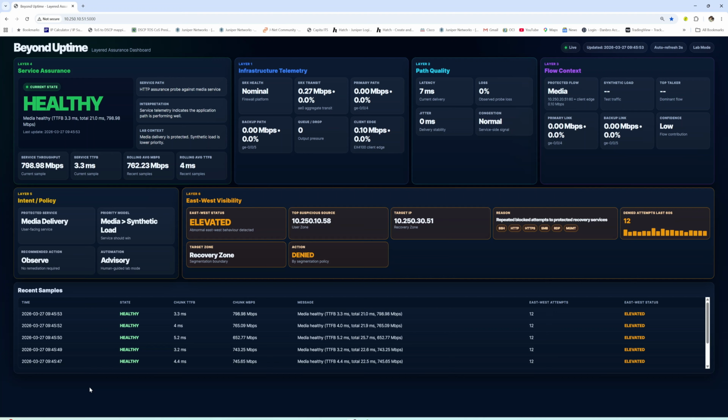The firewall is still blocking everything successfully, but if you look at the dashboard, it now recognizes abnormal east-west behavior patterns. Instead of waiting for a successful breach, it now detects the reconnaissance activity itself. And this is the difference between traditional monitoring and behavior assurance.